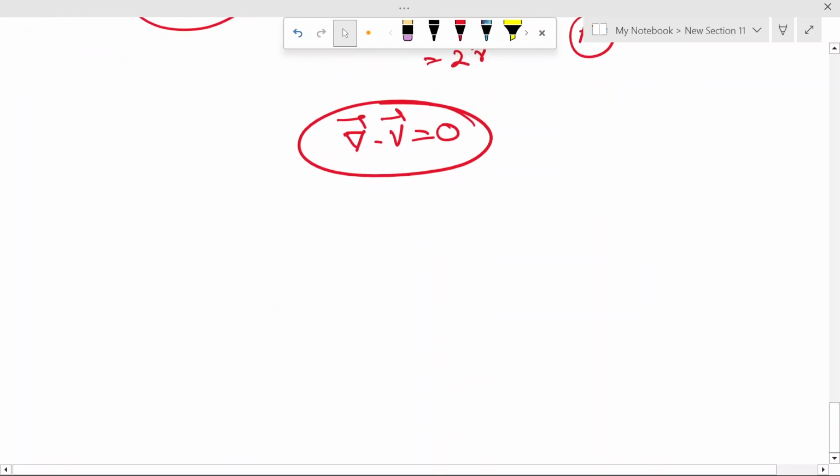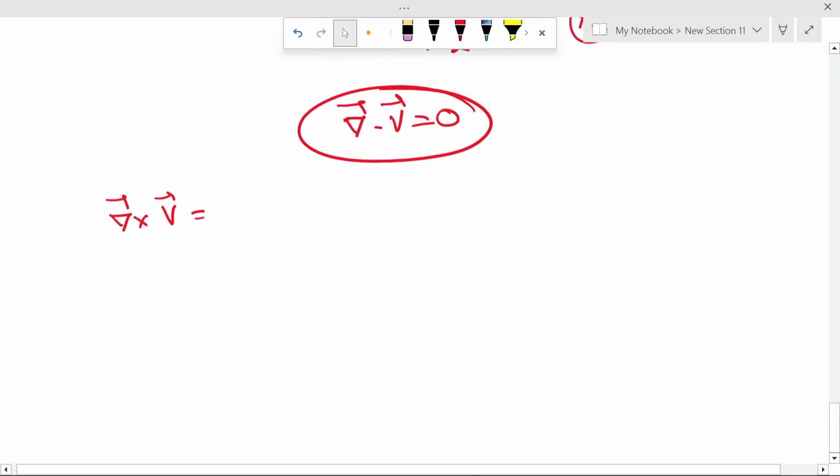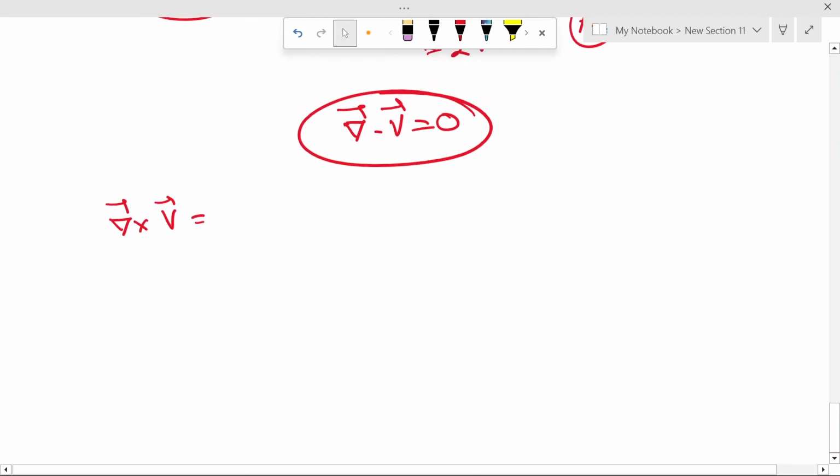What is the curl of V? If you use the formula, you can see the only term will come from the Z component. What is the contribution of the Z component? It is 1 by R del R of R into A theta.